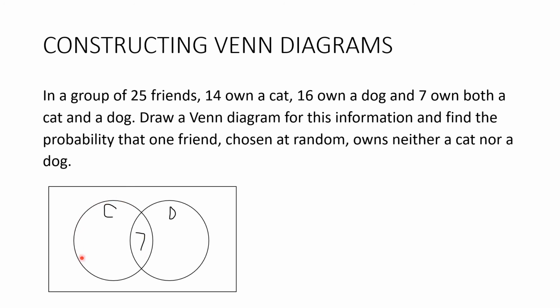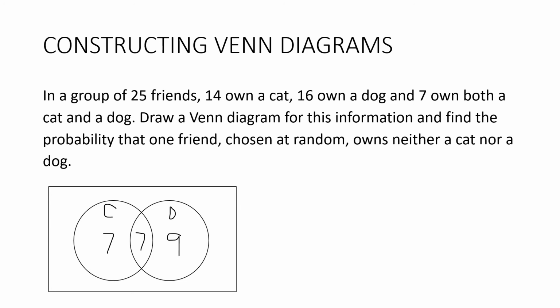Now, let's look at the cat circle. Altogether, we've got 14 owning a cat, already got 7, so we need 7 in here. And now looking at the dog circle. All right, so we want 16 owning a dog. We've already got the 7. 7 plus what makes 16? 9. All right, now we need to find out how many own neither animal.